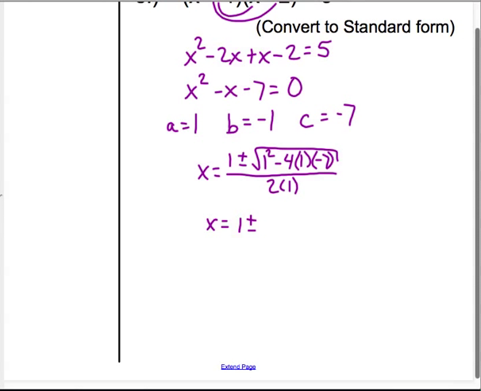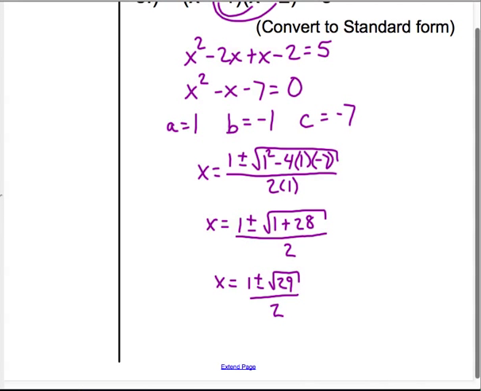Simplifying under the radical, 1 squared is 1. 4 times 7 is 28. And 1 plus 28 is 29. And again, 29 does not have any perfect square factors, so that's as simplified as we're going to get. So that's solving a quadratic equation with the quadratic formula.